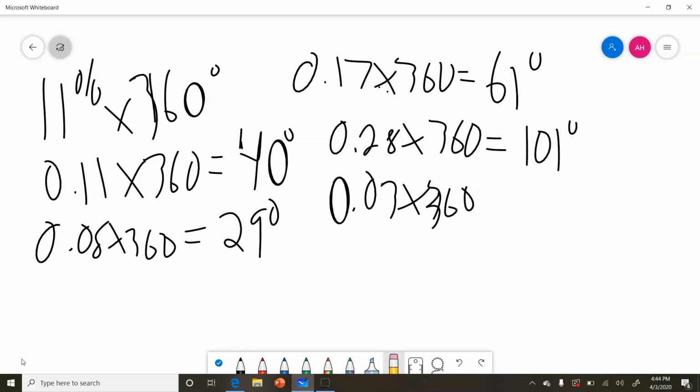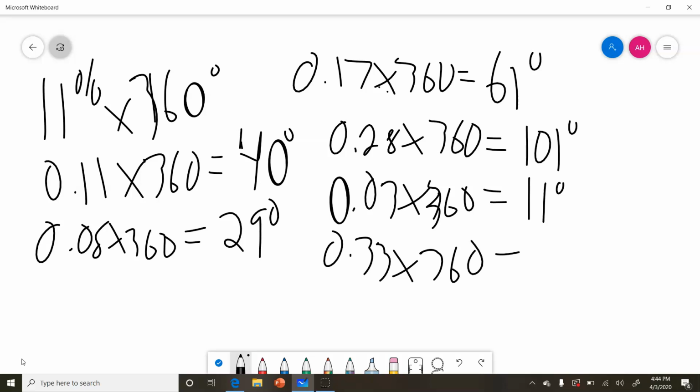It's only 11 degrees on the protractor. And then lastly, 33%, 0.33 times 360. What's a third of 360? That's basically 119 degrees, a 119 degree angle.